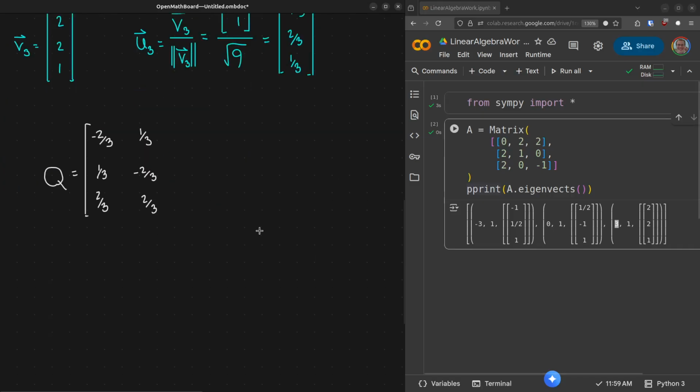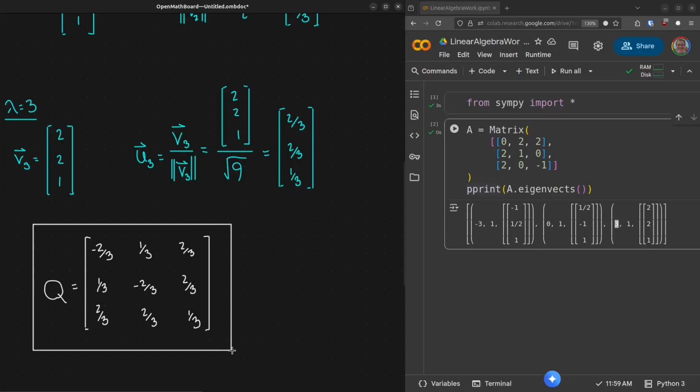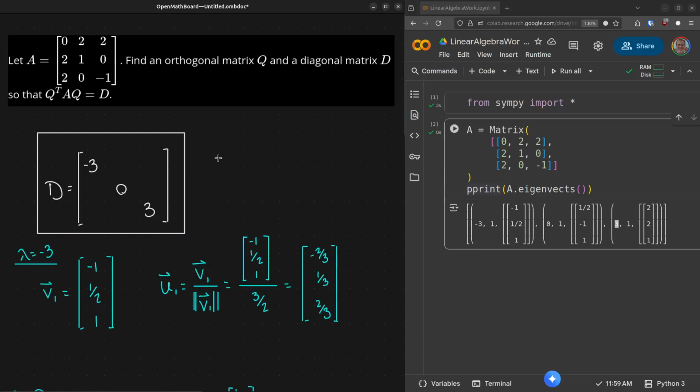So 2/3, 2/3, 1/3. Okay, so there's Q, there's D, and that gives us an answer to this problem.